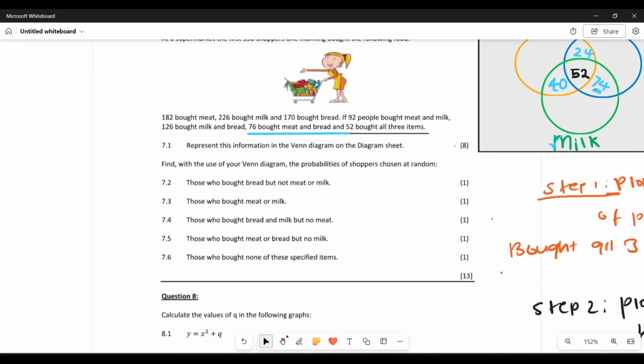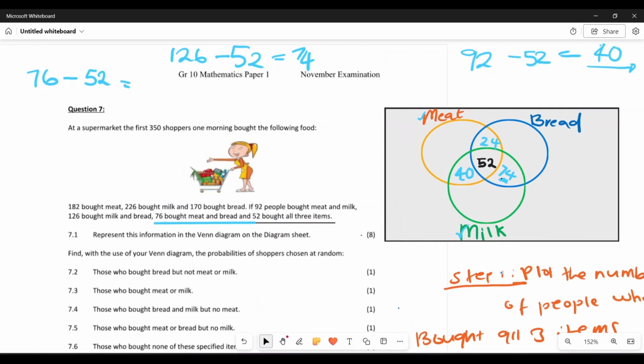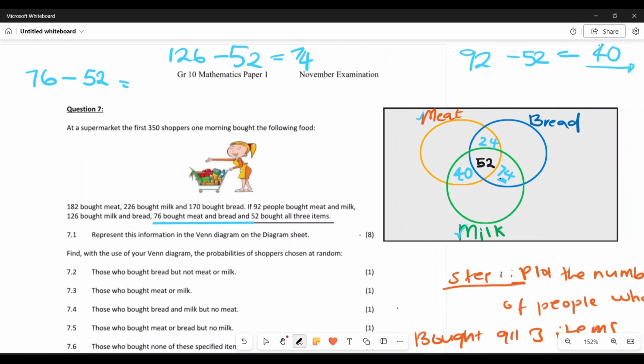And how are we going to go about doing that? We're going to use the totals that we are given. First, let me start from meat. They're telling me that 182 people bought meat. This simply means that when I add all the numbers in my meat circle, I expect them to be 182. So I'm going to say 182 minus every value in my circle: minus 50, minus 24, minus 40.